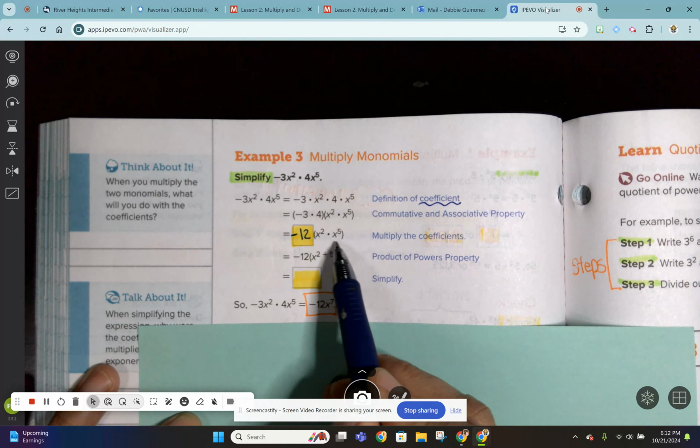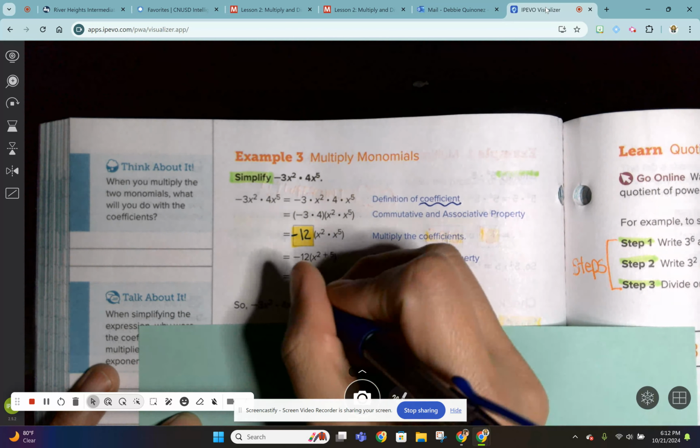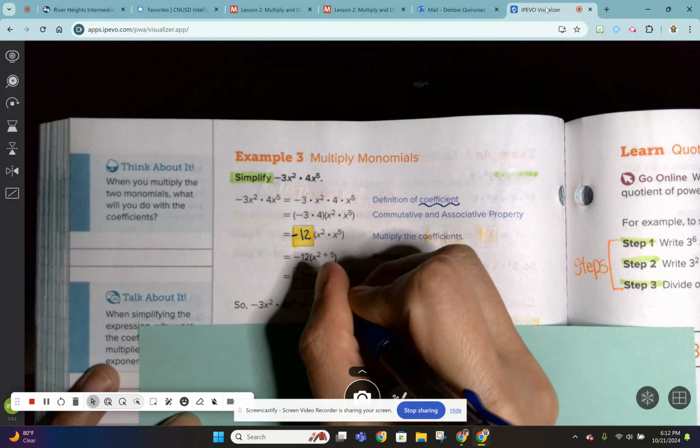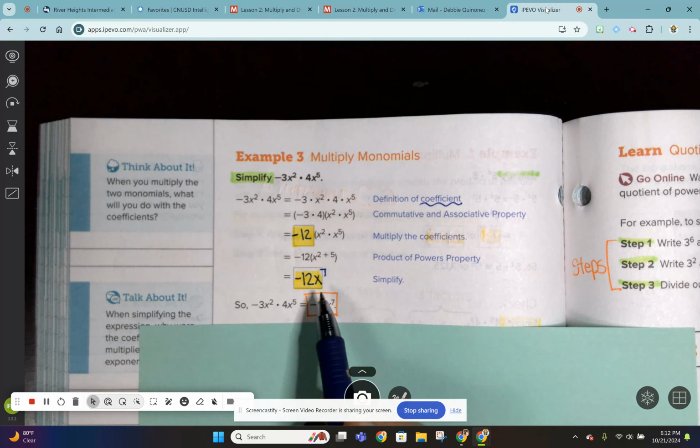According to our rules that we learned today, x squared times x to the 5th, they have the same base, right? So we do plus with those. Gives me x to the power of 7. So when I put that together, it's negative 12, x to the power of 7. And do you notice I'm not even putting like a raised dot there?